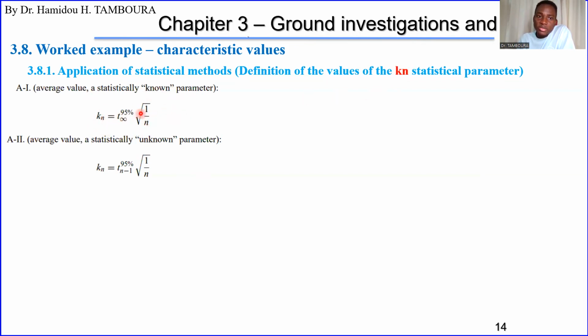T at 95%, you are confident at 95%. N is the number of samples. Okay. So in this case, for the average value, this formula is used to obtain Kn. Average value, in this case, statistically an unknown parameter.